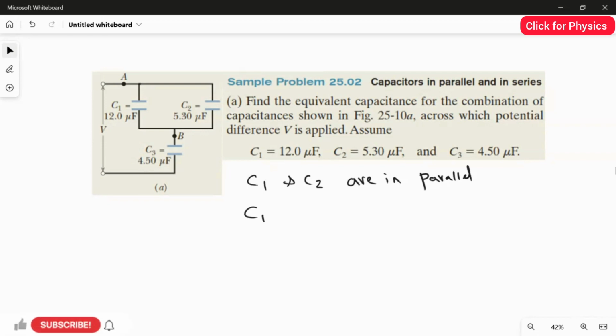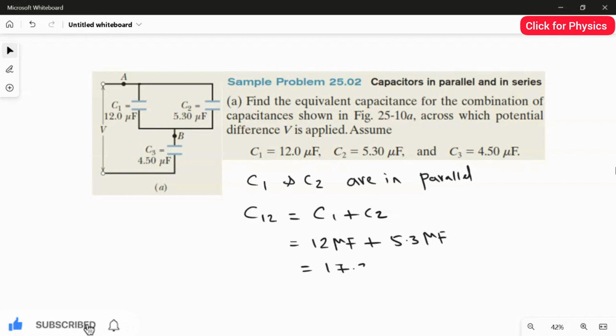C12 capacitance value is equal to C1 plus C2, because this is the rule for parallel. I substitute the values: C1 is 12 microfarad plus C2 is 5.3 microfarad. When you add, you will get the answer as 17.3 microfarad. Here micro is nothing but 10 to the power of minus 6. Clear?